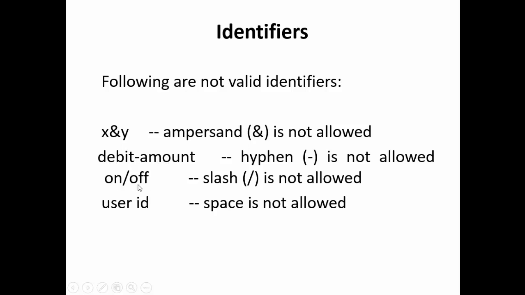Then on/off: the slash is not allowed in identifier names, so this is not a valid identifier. Similarly, user ID with a space: this is also not acceptable, because there is a space between the two words, user and ID, and in an identifier you should not have a space.